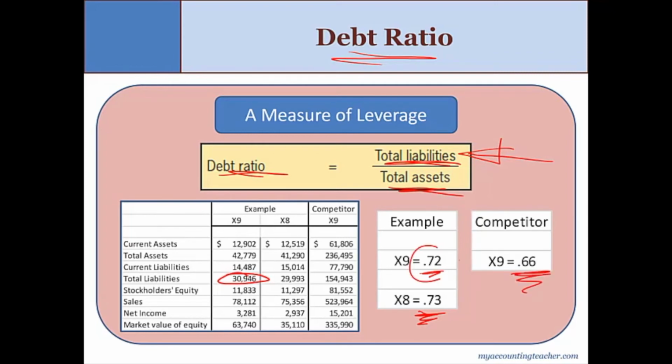So we compare 0.72 to 0.66, and we ask the question, which is quite common with financial statement analysis, why? Why is our competitor at 0.66 and why are we at 0.72? And which one is better? What we've got to be able to say is, we're at 0.72 because, and then list our reasons.